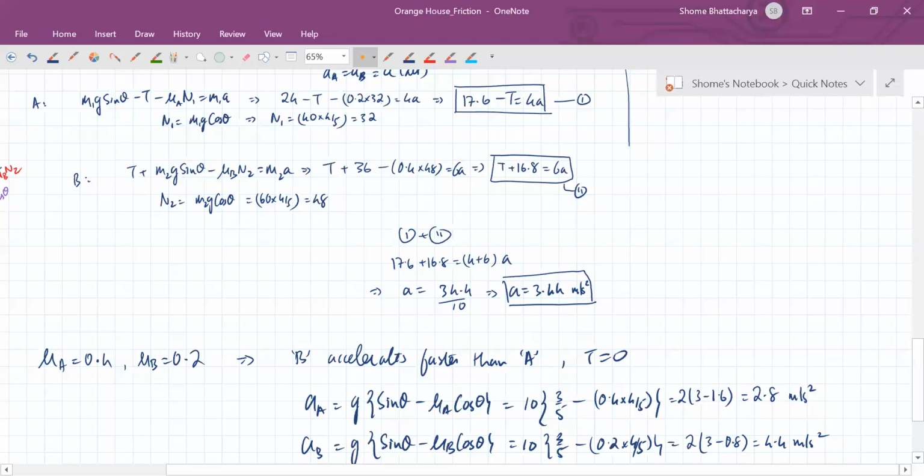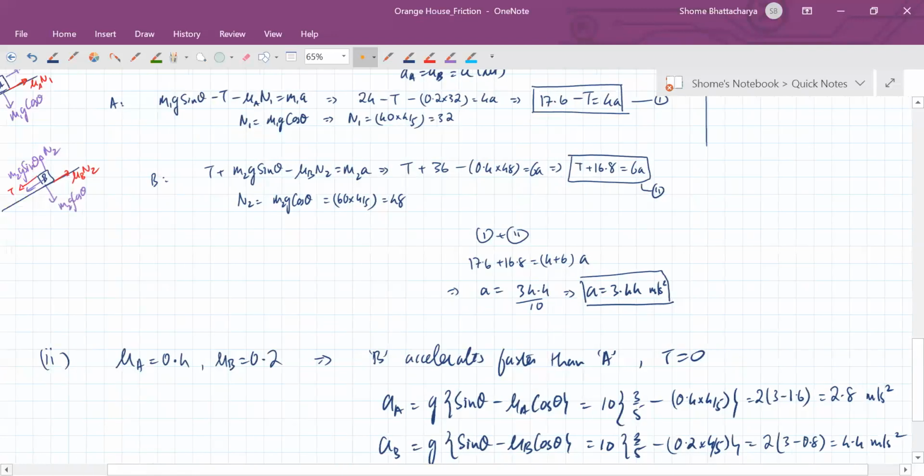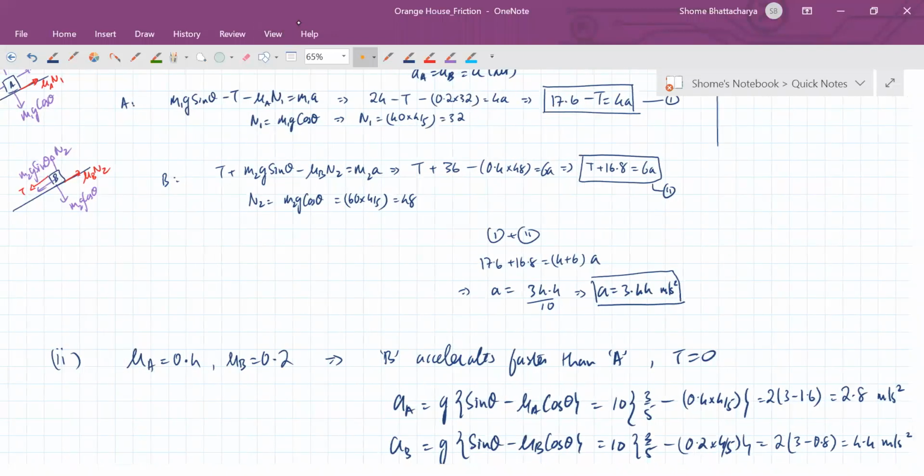So these are the values you should be getting in the second part. Okay, next I will move on to angle is 37. Angle of inclination is 37 given in the question.